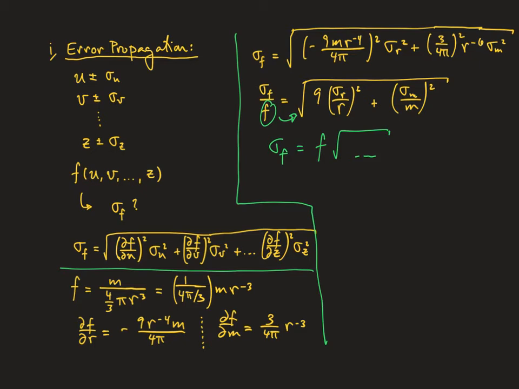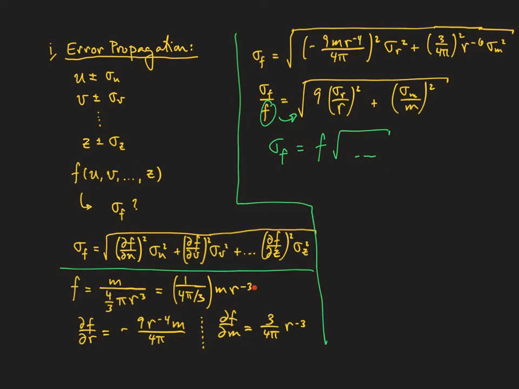Okay, let's pause here for a second and take a look at that factor of 9, because this is kind of interesting. If you look back through the calculation, you'll see that the 9 came from when we took the derivative.